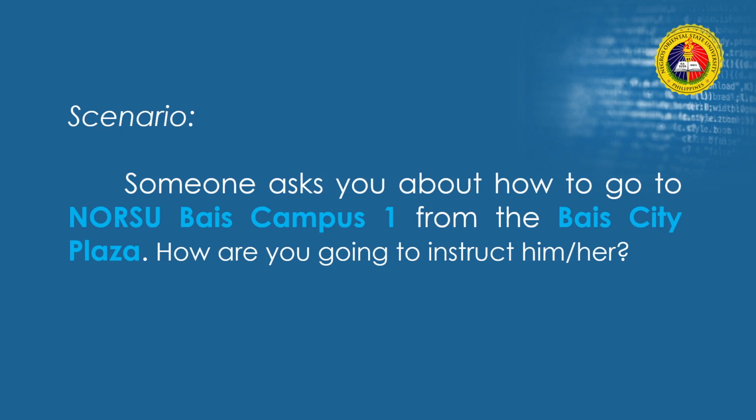So, from the Plaza to Campus 1, I would head straight south, about three intersections. Then turn left, and after that another four intersections. Then go straight ahead and cross the bridge. About 300 meters from the bridge, you will find Campus 1, sir.